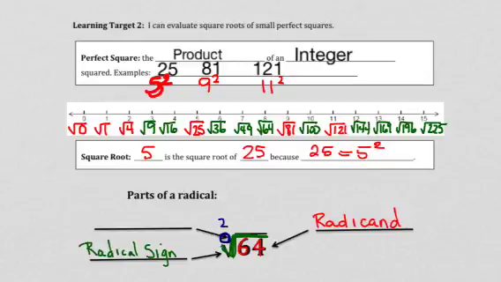It's automatically a 2. But sometimes you'll see other numbers, and that is called the index. So the index of a radical is that little tiny number. If there isn't one in there, it's a 2. Otherwise, there might be a 3 or a 4. We're just going to be seeing 3s in there this year. So that's what the index is.